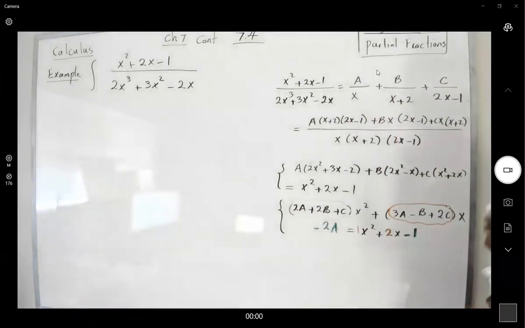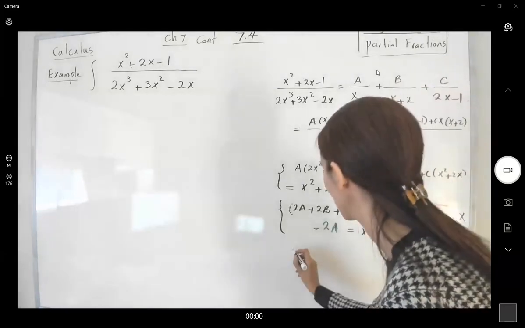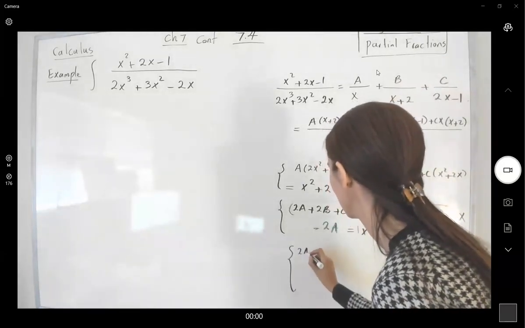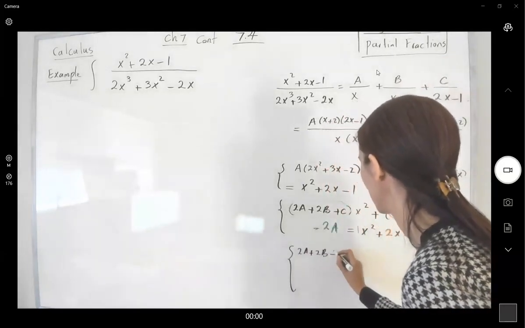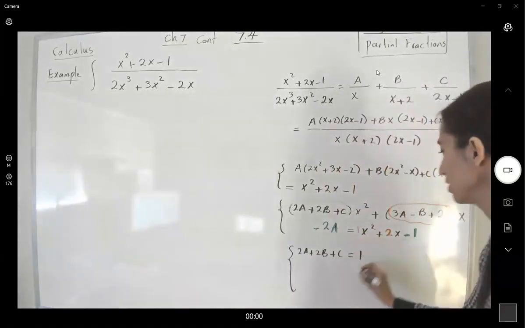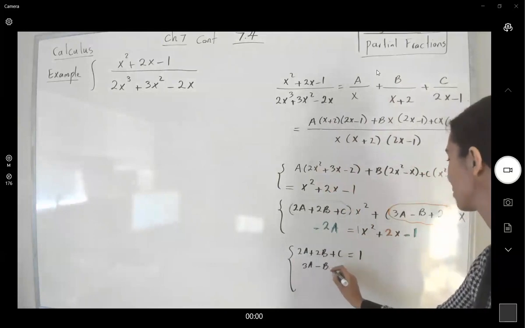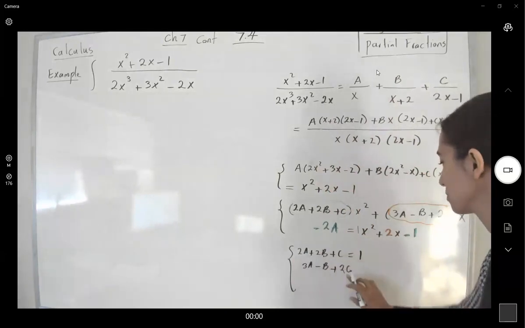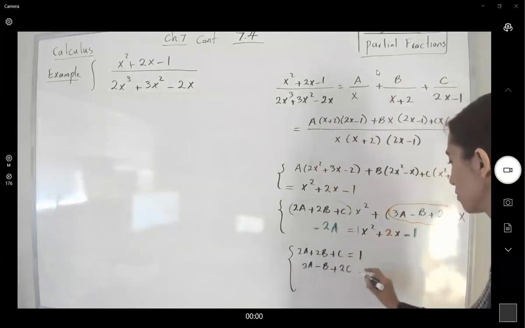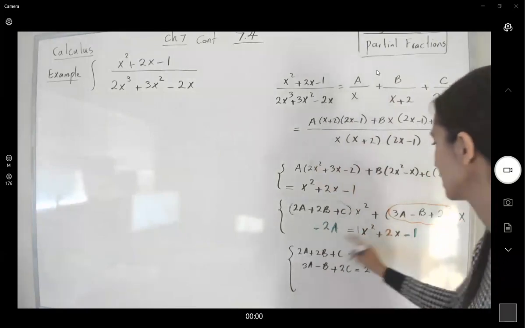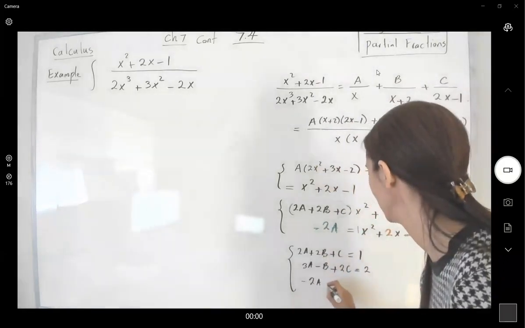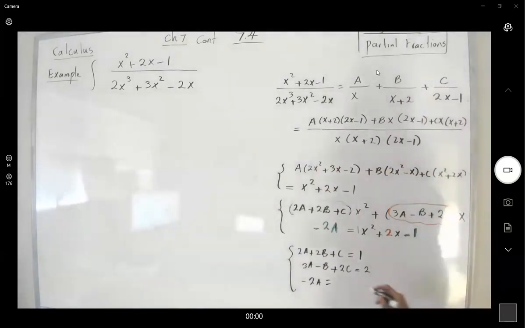We set this up this way. So we have 2a plus 2b plus c equals to 1, 3a minus b plus 2c is equal to 2, and then negative 2a equals to negative 1.